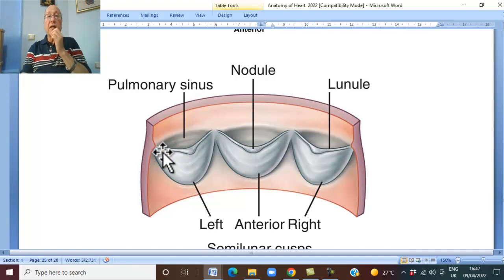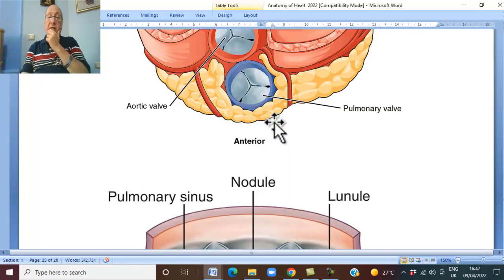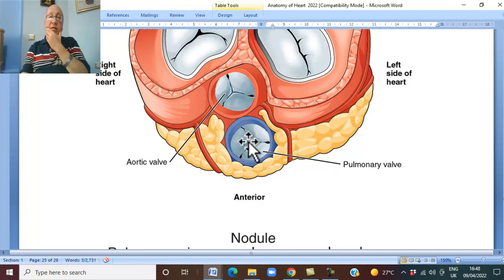In the pulmonary valve, there are three semilunar cusps, one anterior and two posterior cusps. This is the one directed anteriorly and two directed posteriorly.